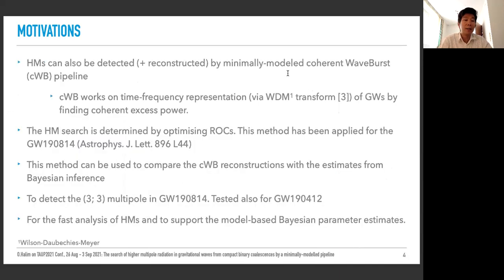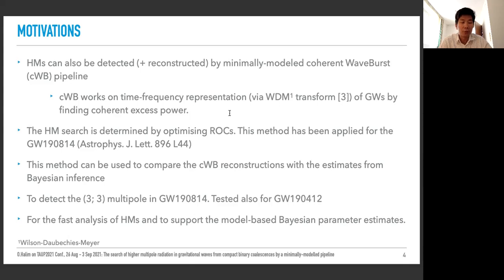So higher modes can also be detected and reconstructed by the minimally modeled coherent WaveBurst pipeline. Here cWB works on a time-frequency representation via the WDM transform, the Wilson-Daubechies-Meyer transform, to find coherent excess power. This higher mode search is determined by optimizing the ROC curve. And this method has been applied in the GW190814 paper.